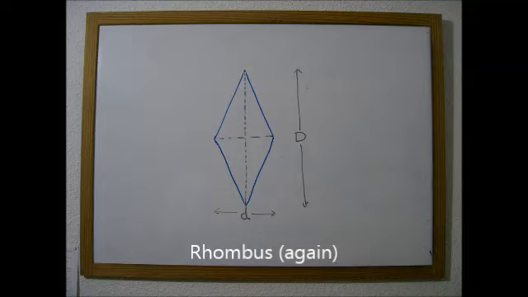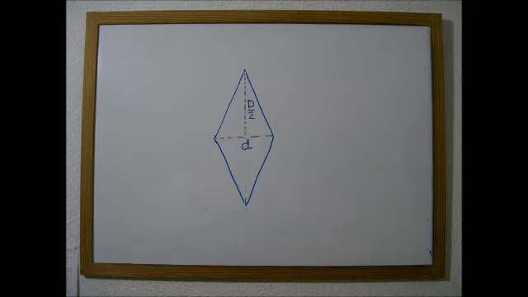Here we have another formula for the rhombus, when instead of base and height, we are given the length of the diagonals. As we can see here, we can divide the rhombus in two triangles. The area of one of the triangles is base times height divided by 2, so d times the half of d divided by 2, which, if we simplify that, is the product of the diagonals divided by 4, but that is just for one triangle.